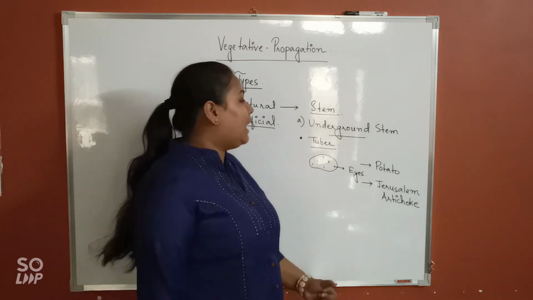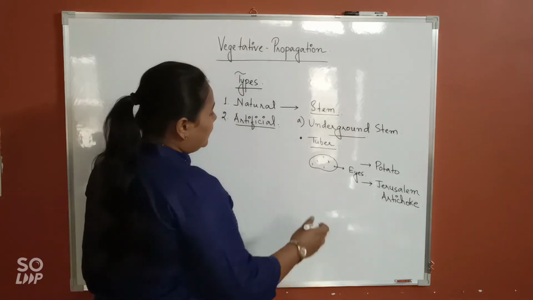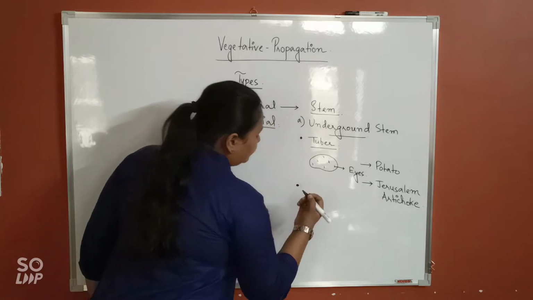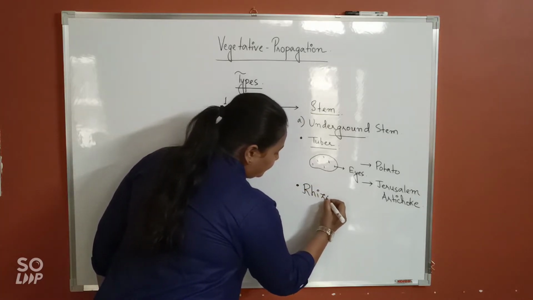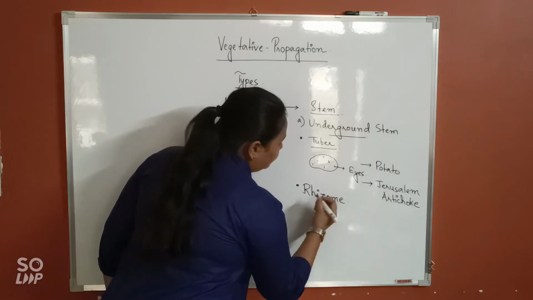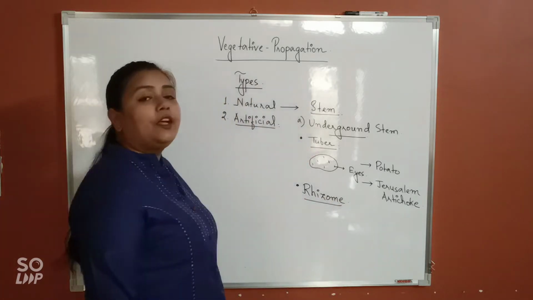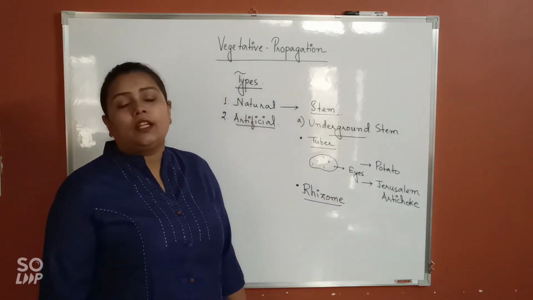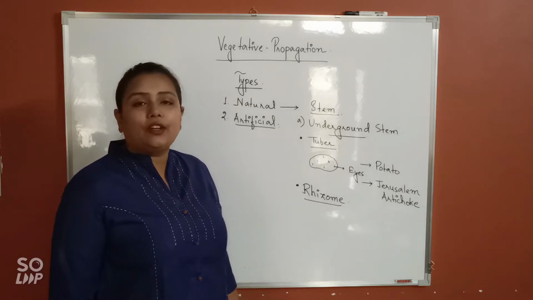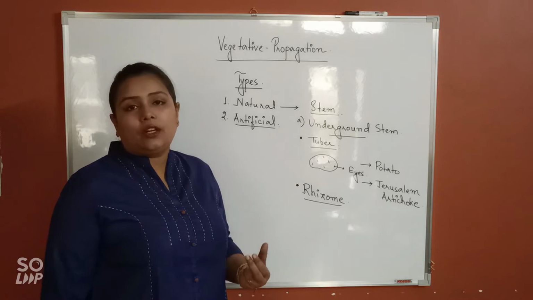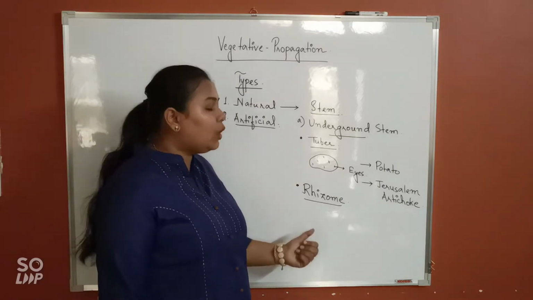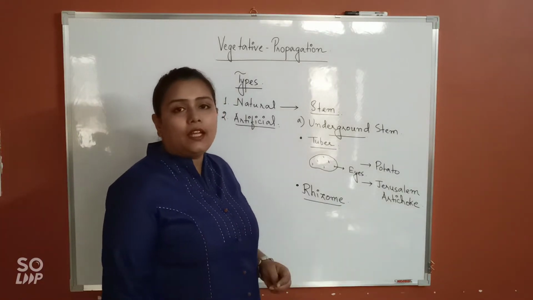Alright. Now, moving on to the next type, that is rhizome. Now again, rhizome is an underground non-green part of the plant, or particularly an underground stem, which is perennial in its growth.